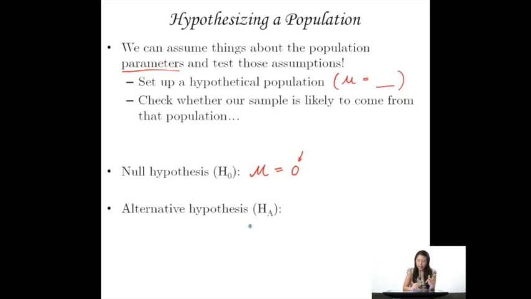We could also write this in terms of standard deviation or other things, but frequently you'll see the mean being the hypothesis of this population. Now, the alternative hypothesis is: what do we learn if this is not true? If we rule this out, then what have we learned?